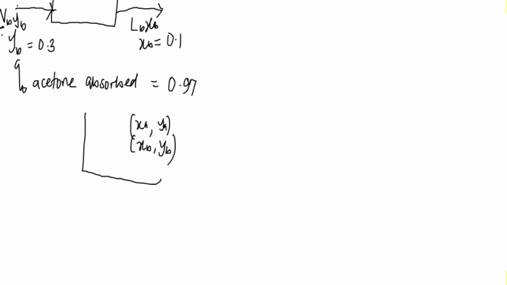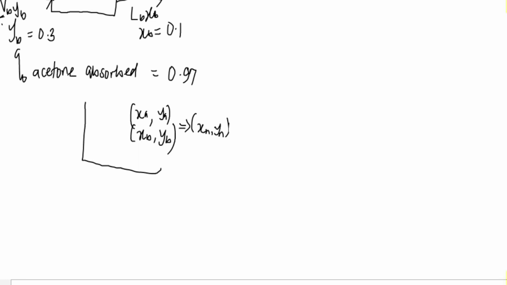We will account for plate N in the middle. I've explained this earlier in the previous videos. So in the middle I will account for XN, YN. These are the three points that I will use to plot my operating line.